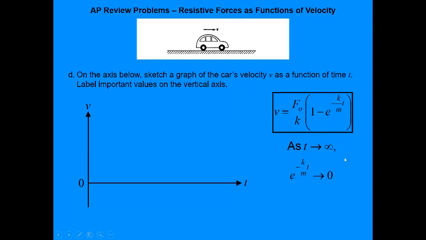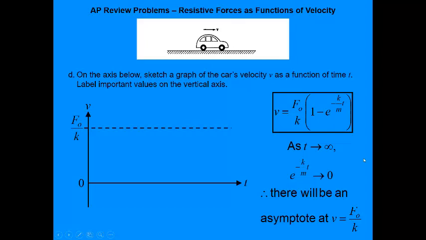And when it does that, and this becomes 0, note what we have left. Right? The velocity will be F of O over k. So if I put that in, our function is going to look like that. Steep positive acceleration to start out with, large positive acceleration to start out with, and then getting less steep, which means a smaller positive acceleration.